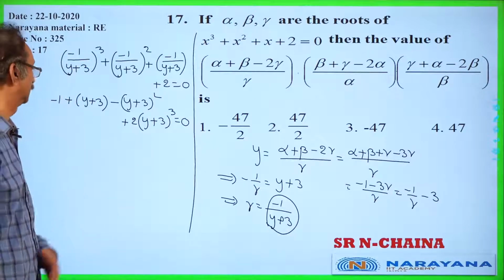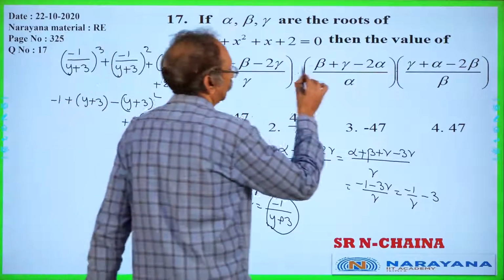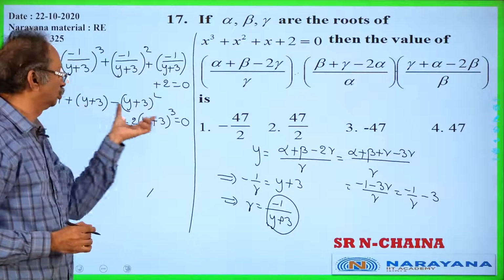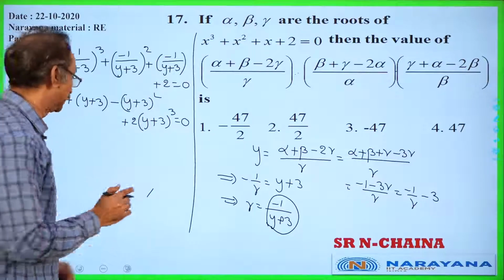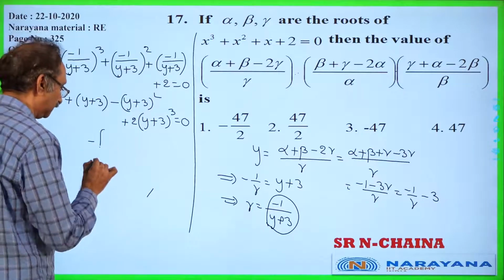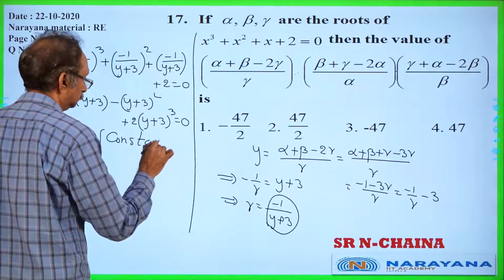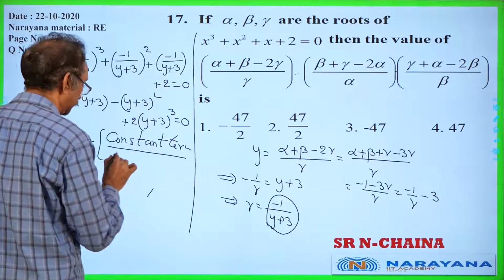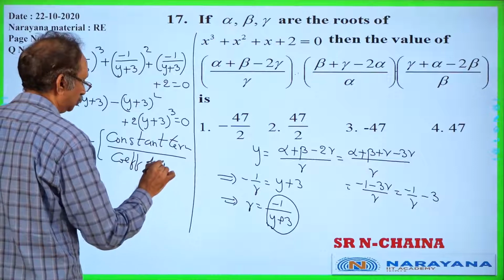And observe, it is a cubic equation. Now you can simplify that, or what is the question? You have to find the product of this. These are now nothing but roots of this cubic equation. So the question is the product of the roots. So what is the formula? Minus of constant term by coefficient of y cube.